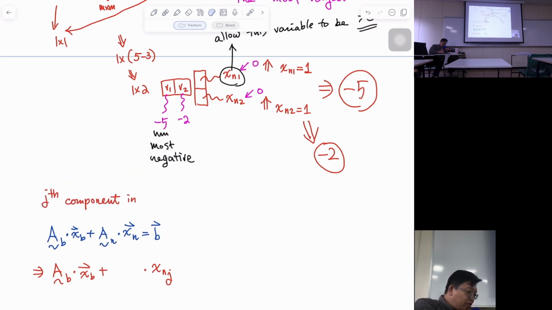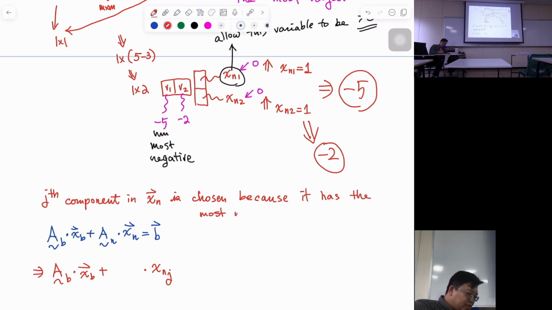The Jth component in xn is chosen because it has the most negative coefficient in the updated function.